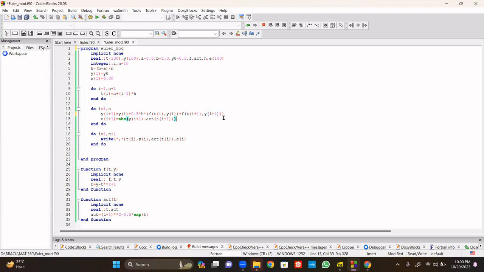Theoretically, it should be this. But then again, as we have said, we cannot use y i plus 1 when we are trying to find y i plus 1. So let's replace this y i plus 1 by y i plus h times f of t i, comma, y i. Should work and should give better results than Euler method. Let's run that one.